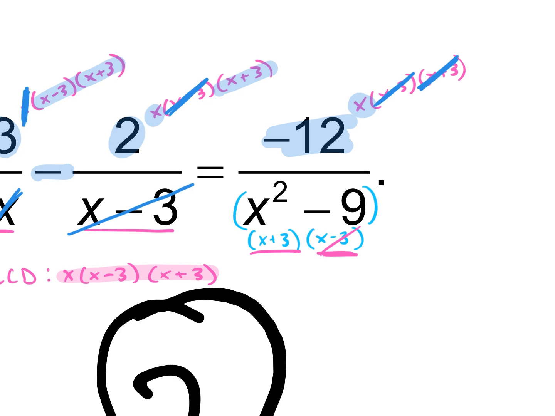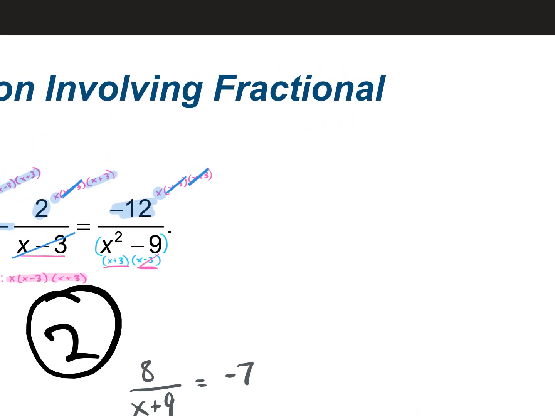So let's multiply that all together. I'm going to write it up top over here so we have lots of room. So we have 3 times x plus 3 times x minus 3 for our first fraction. The second one is minus 2 times x plus 3.